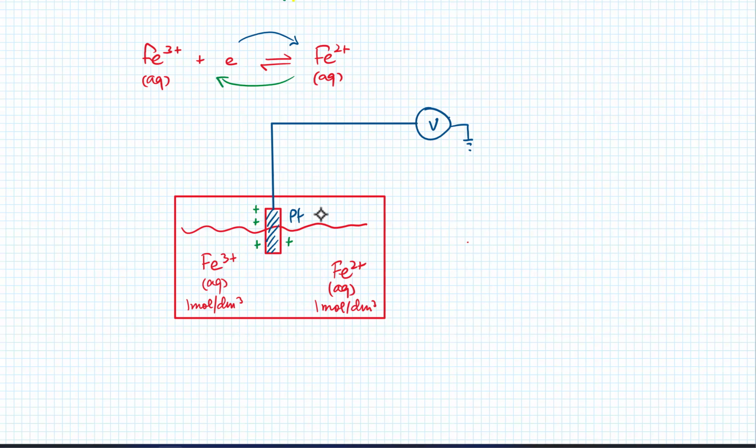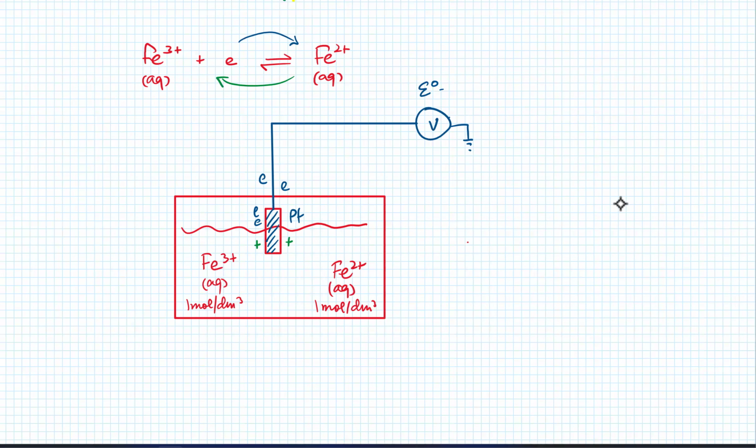But let's say vice versa, if Fe2+ had a very strong tendency to actually lose electrons. In that case, a lot of electrons would accumulate on the platinum electrode, because the Fe2+ would be losing a lot of electrons. But whatever happens, the potential builds up on the platinum electrode, and it eventually reaches equilibrium.